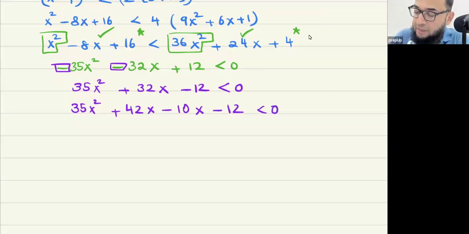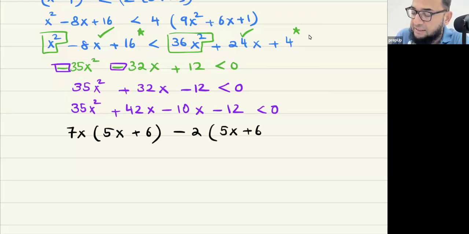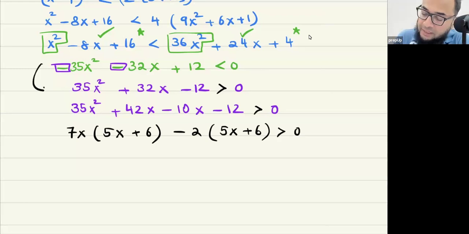So therefore I'll take 7x common out. This is 5x plus 6 and this is 2 common out. And this is 5x plus 6. One thing that I missed, which I shouldn't, is flipping the inequality. When I change with a negative sign, the inequality flips.